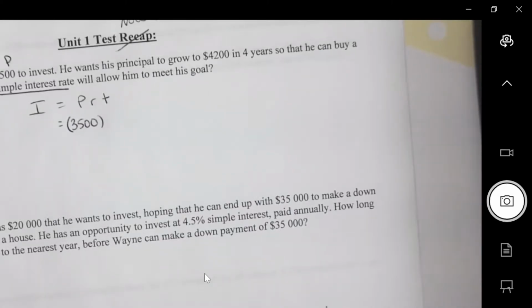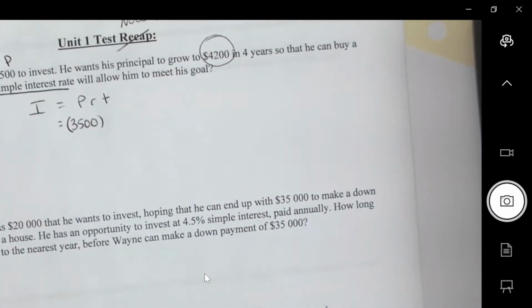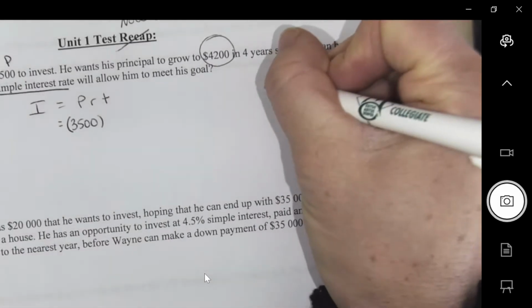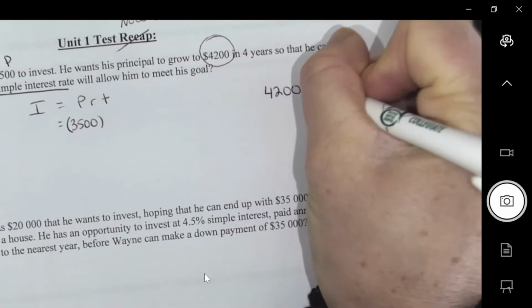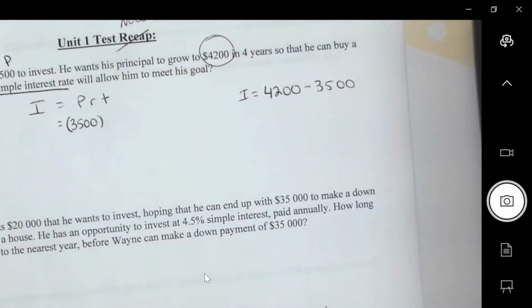He wants it to grow to 4,200. What is that? Final. That's not part of this at all. So we're going to have to go final minus start to figure out how much interest was earned.